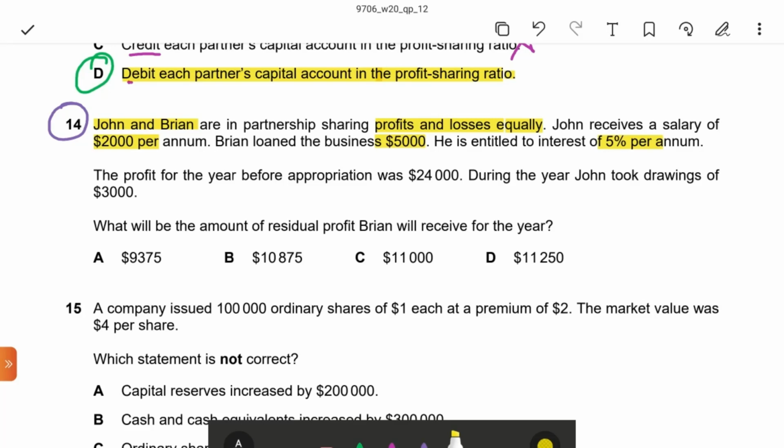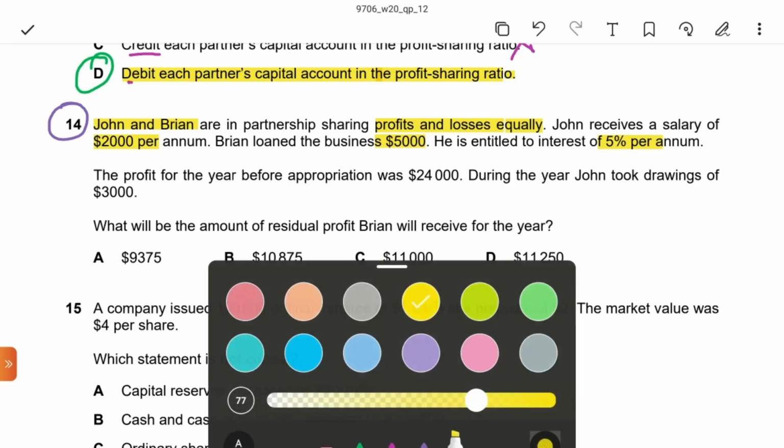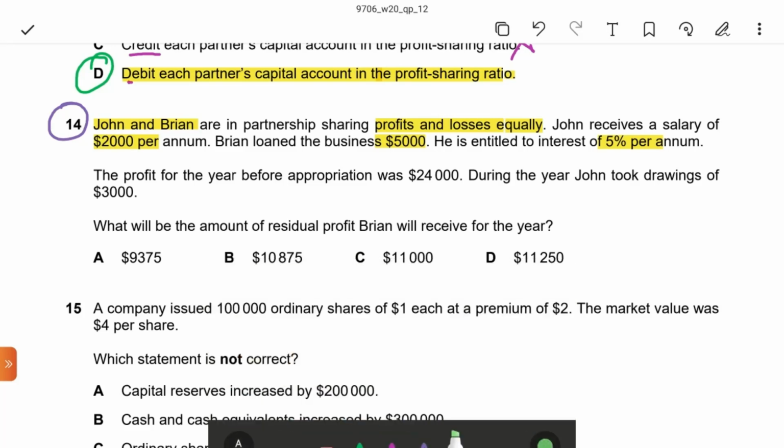Loan interest will be entered in the profit and loss account, while the salary of the partner will be entered in the profit and loss appropriation account.